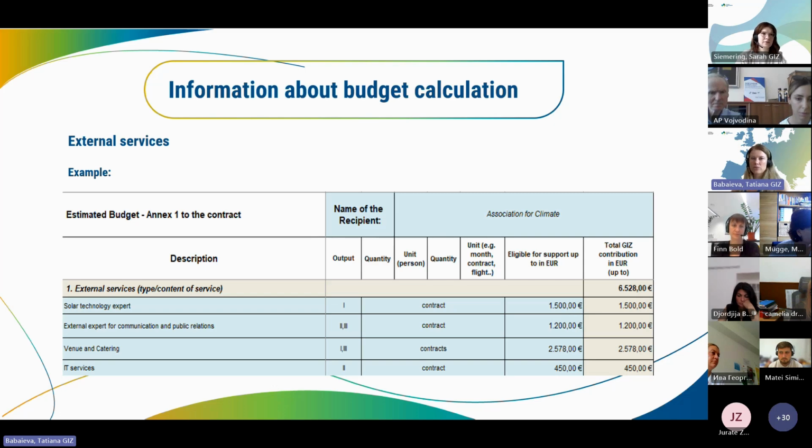In the column Output, you refer to the output from the project proposal, and you choose in the column Unit contract, or it could be some contracts. In the column Eligible for support up to, you calculate the contract total amount value, including all fees and travel costs for the consultant or, as it was mentioned, consulting agencies.